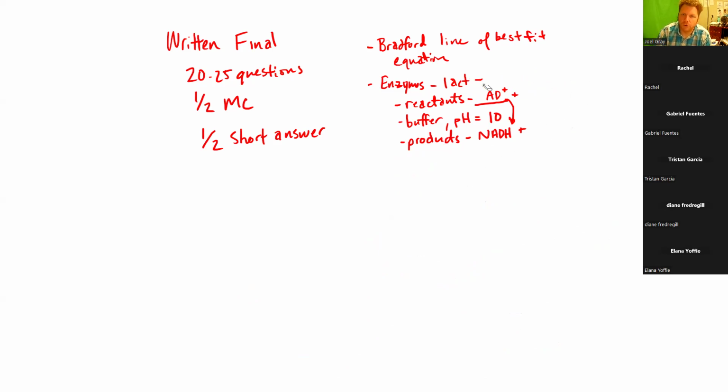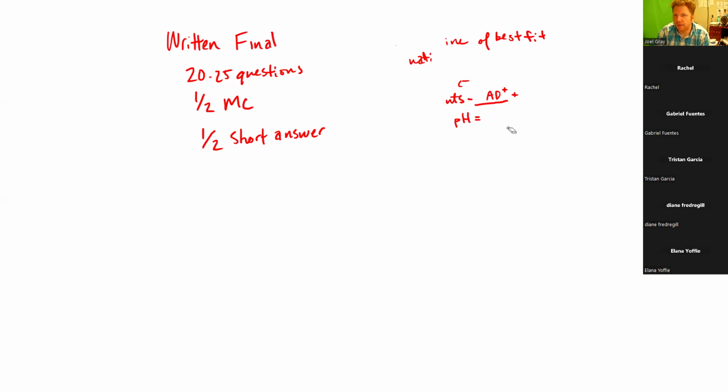Then from earlier on this semester, I want you to remember the methods that we used to try to purify lactate dehydrogenase. If you remember, when we were trying to purify lactate dehydrogenase, we used a salt. Does anyone remember the salt?